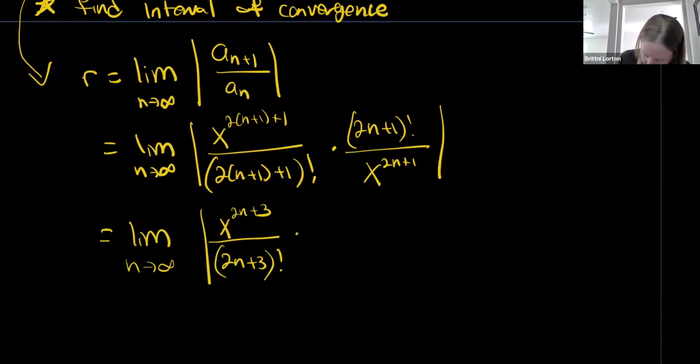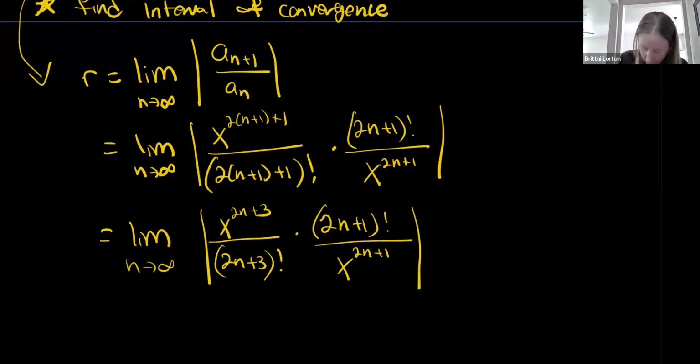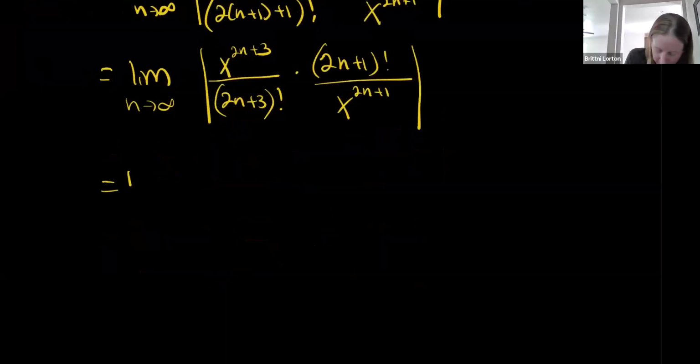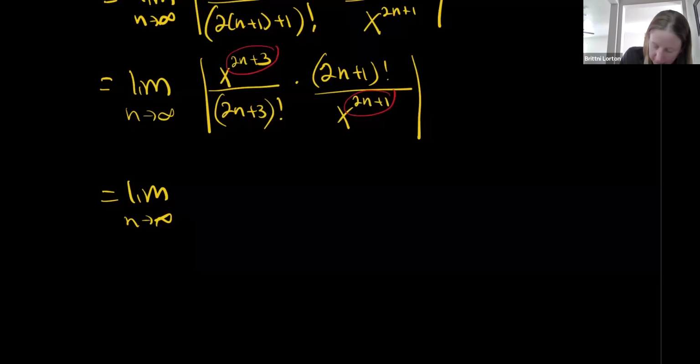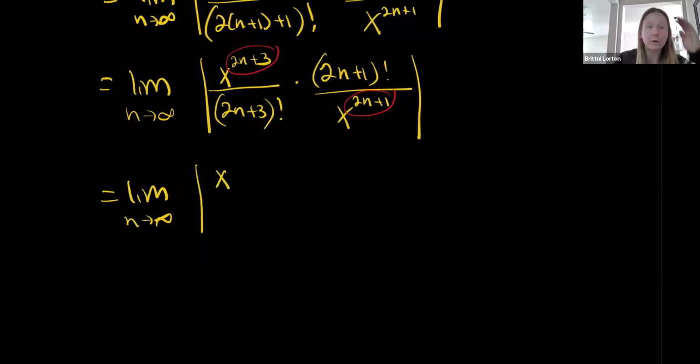Then times a 2n plus 1 factorial over x to the 2n plus 1, and then I simplify algebraically. You can subtract those exponents, and I'm going to end up with an x to the power of 2 when I do 1 over the other. I subtracted those. So far, so good.